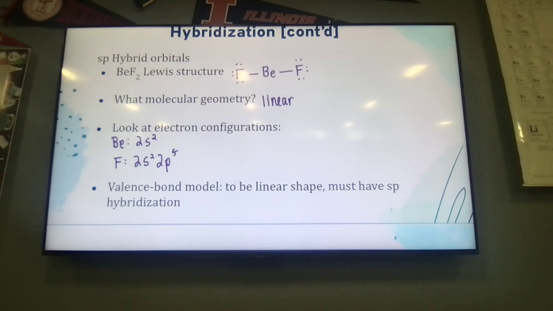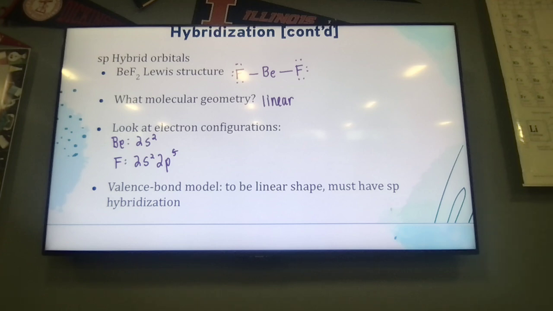Okay? So if we think about this, our whole logic is that we overlap half-filled orbitals. Does beryllium have any half-filled orbitals? No, right? Its s is completely filled.